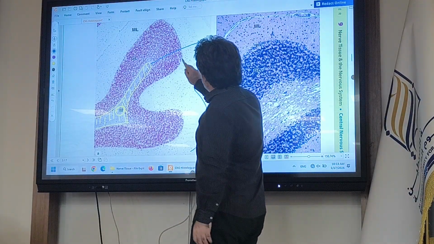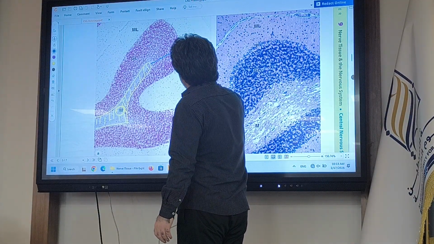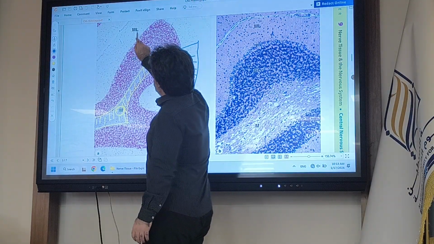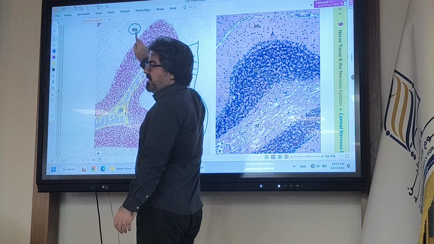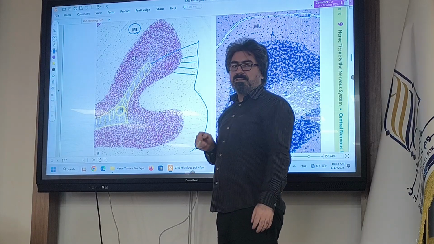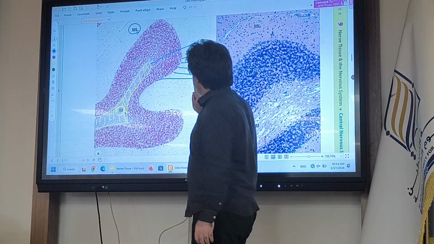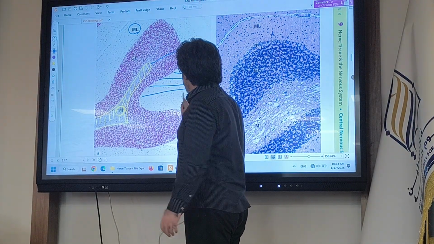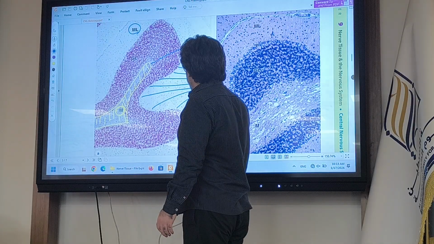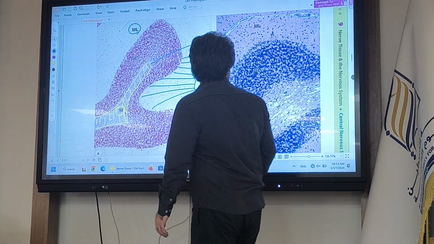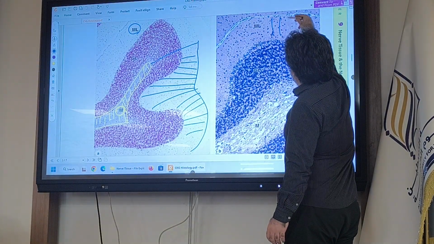The outermost part here is known as the molecular layer. You can see the molecular layer here.